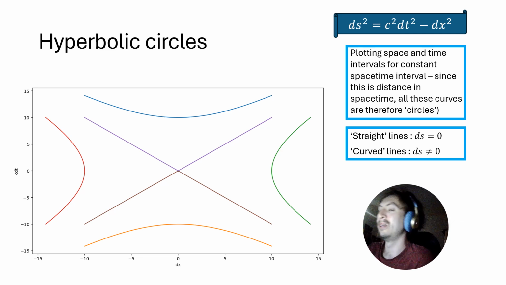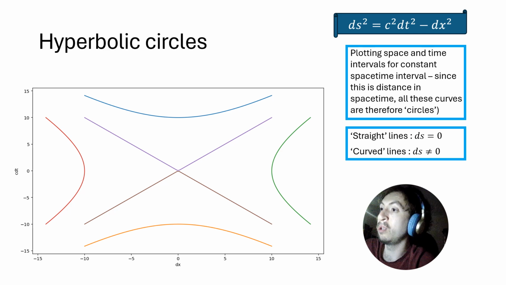So let's get rolling with this. Our straight lines are circles. Really, I should say they form a single circle in hyperbolic space, because both these lines have the same value for ds, and that value is 0.